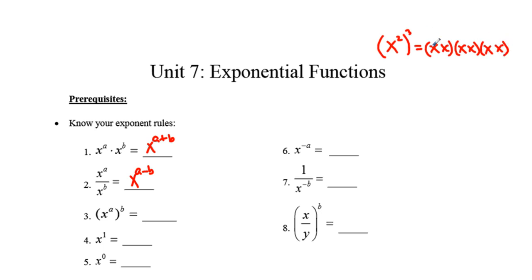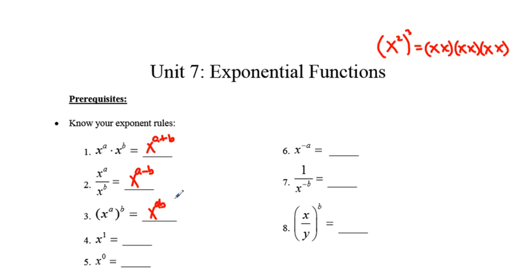The cube means you have 3 of that factor, and the x squared means that little grouping has 2 x's in it. So of course that's x to the 6th. I multiplied 2 times 3. So it's x to the ab power.